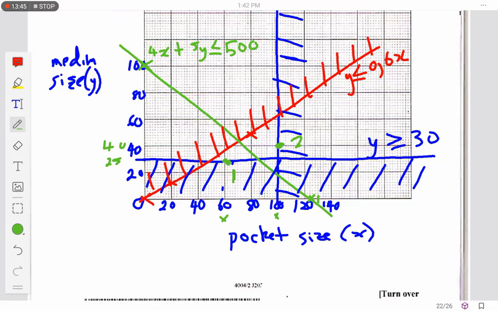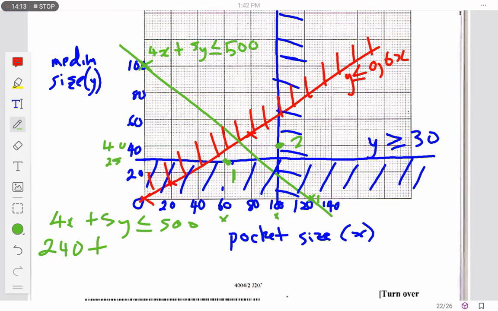Okay, so let's substitute. First of all, for point 1, we are saying we've got 4x plus 5y is less or equal to 500. So I have x is 60, so that's 4 times 60, that's 240, plus 5 times y, which is 25.